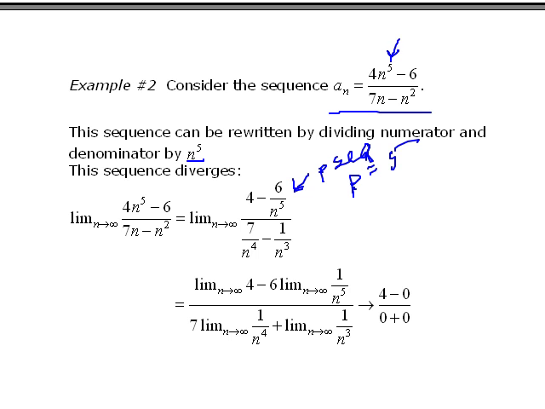Then we have 7 over n to the 4th, which is a p sequence with p equal to 4. And here's minus 1 over n cubed, which is another p sequence with p equal to 3. In taking the limits, of course, the 4 is constant. This limit is 0 because the p sequence converges to 0 for p greater than 0. This one is 0, and this one is 0. All right, so the result is it diverges.